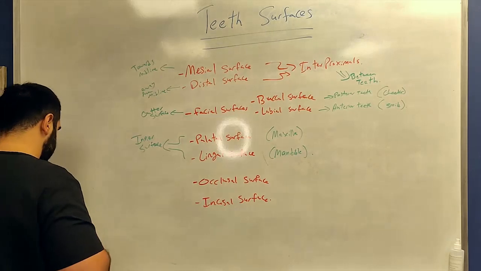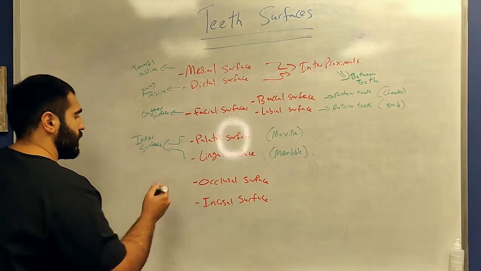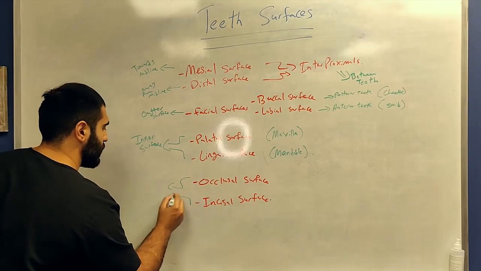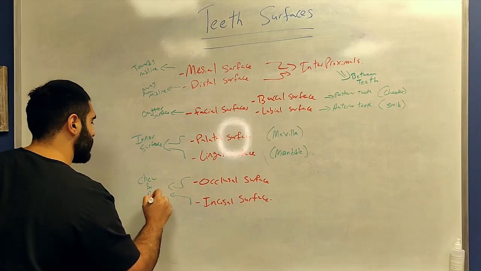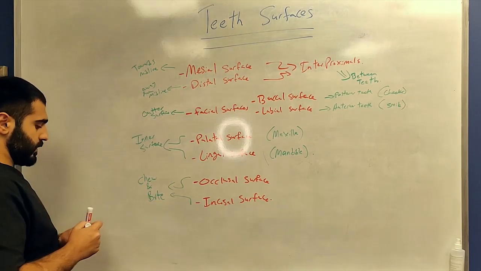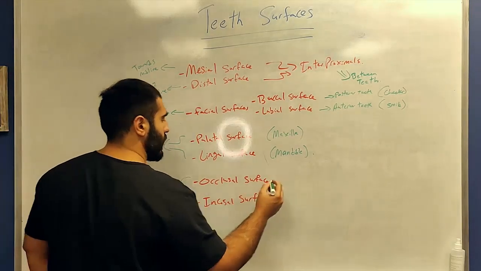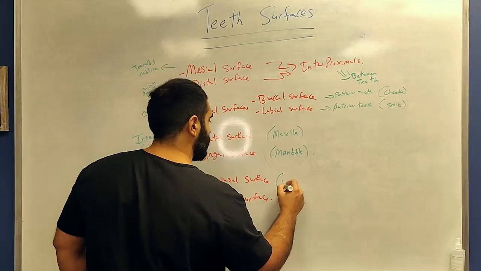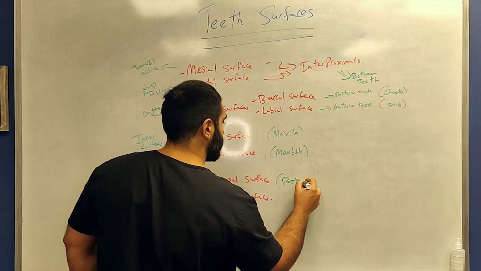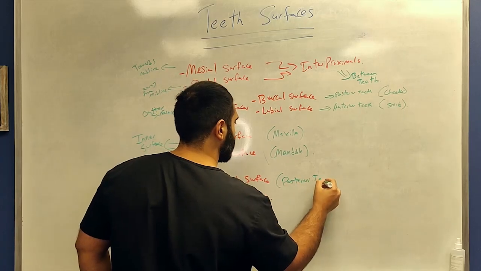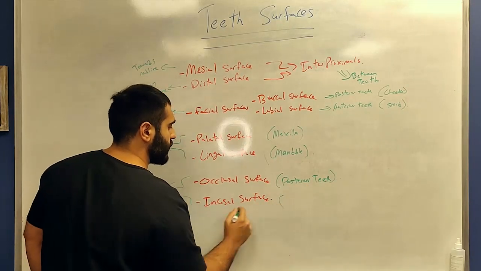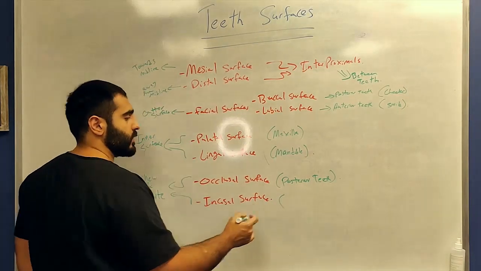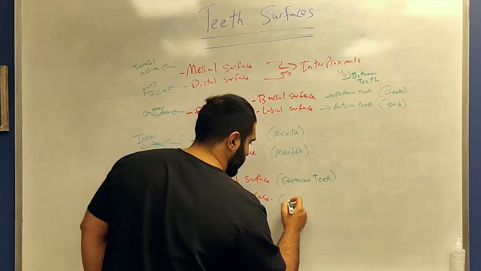Now the occlusal surface and the incisal, let's do this and say chew and bite as a note, and I'll also add posterior teeth, right? It's on your premolars and molars, and incisal surface on your anterior teeth, basically your incisors.